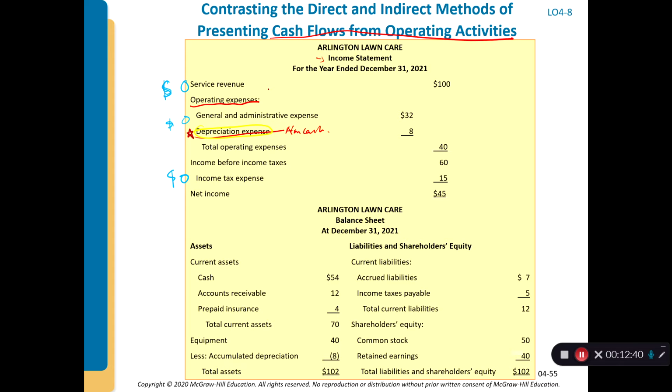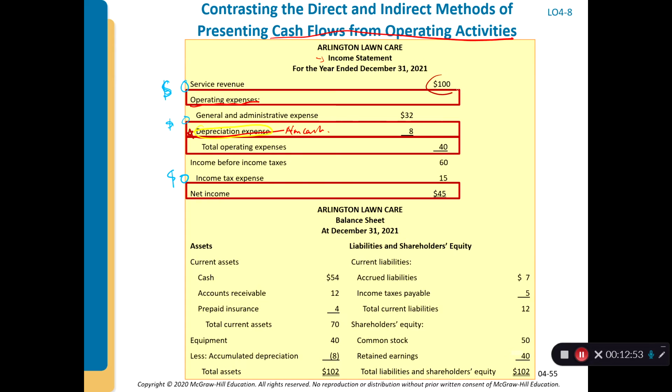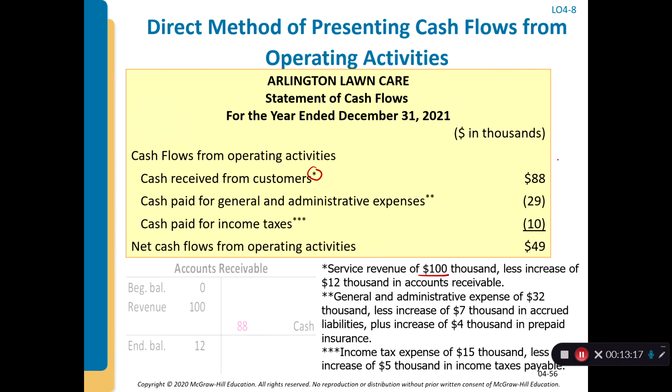So in the direct method, the cash inflow from operating activity received from customers, say the service revenue, was reported as 100,000 right here, but not every dollar is collected. So in order to represent cash, you have to subtract the dollars not yet collected.